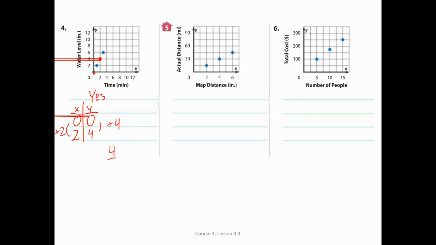So it's 4 over 2, which reduces to 2 over 1. The ratio here is 2 over 1, so that means 2 inches of water, because y was the water, for every 1 minute, because x was the minutes. 2 inches for 1 minute.